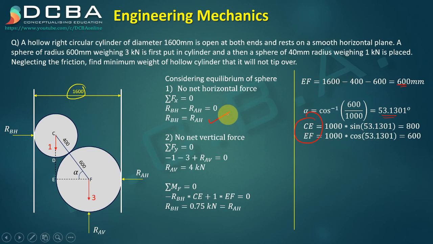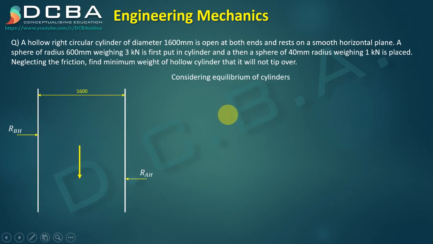Now, after finding RBH and RAH, we understand that these reactions themselves are going to cause the force which is going to tip, or tilt, your cylinder. But before that, you also need to know at what distance these forces are acting.